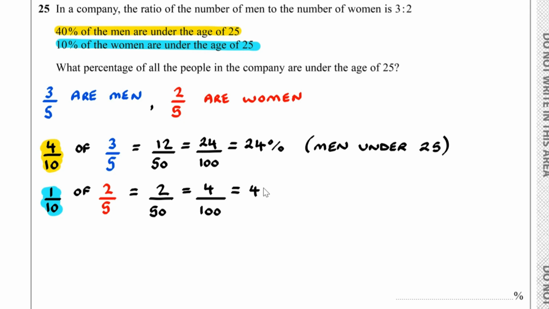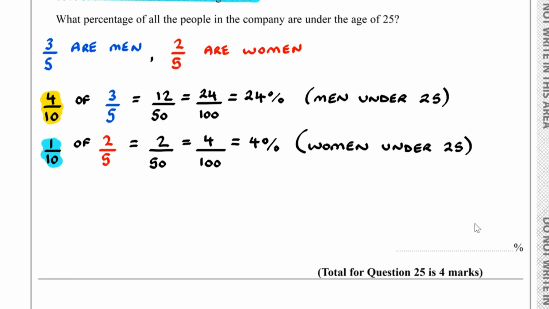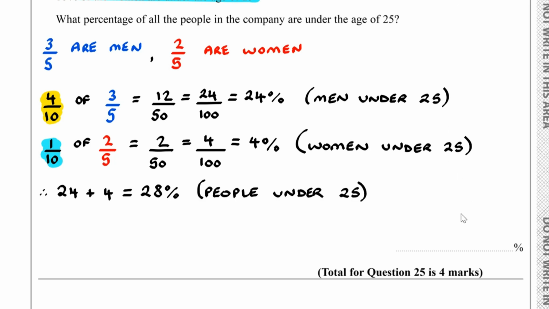So we've got 4% of women who are under 25, and therefore the percentage of people in the company under the age of 25, we've got 24 plus 4, which is 28. So we have 28% of people under the age of 25.